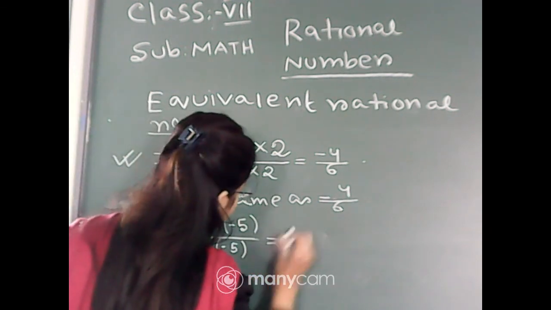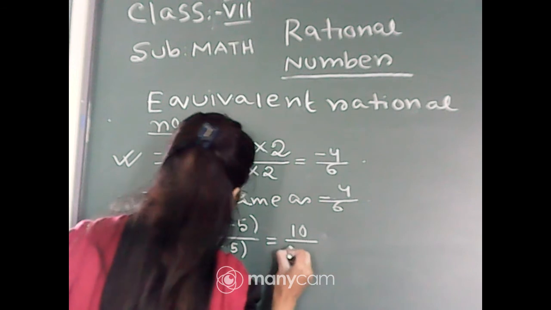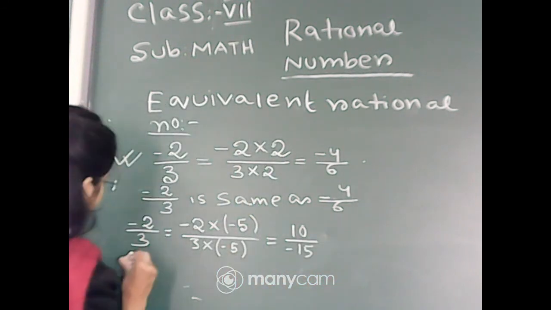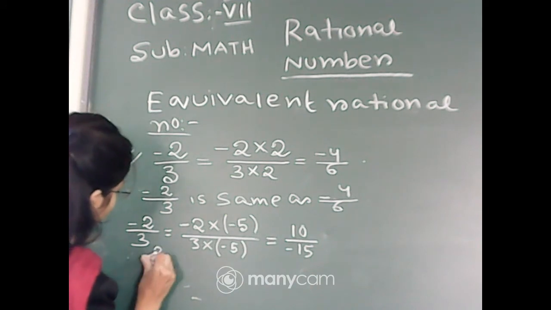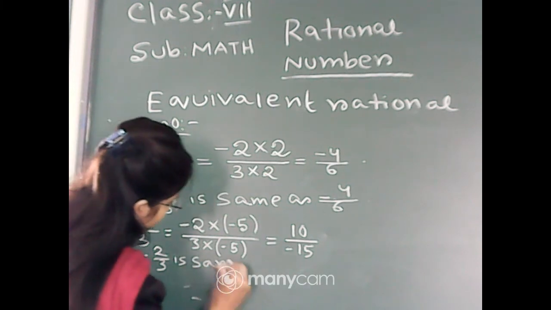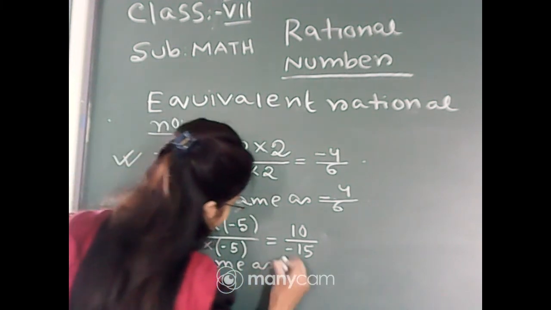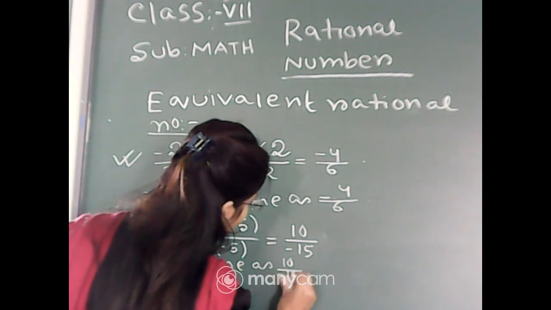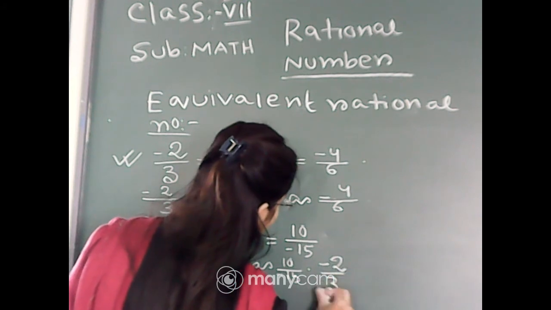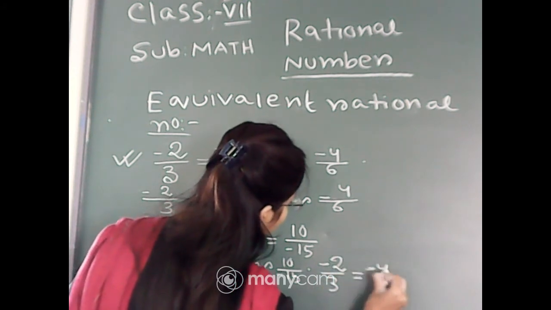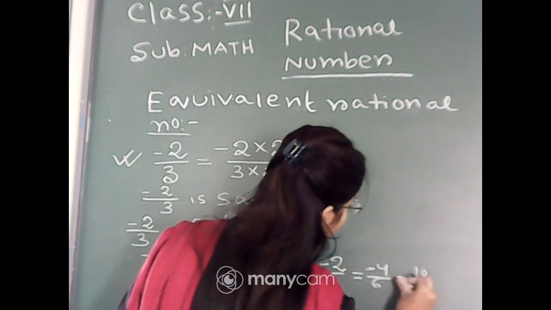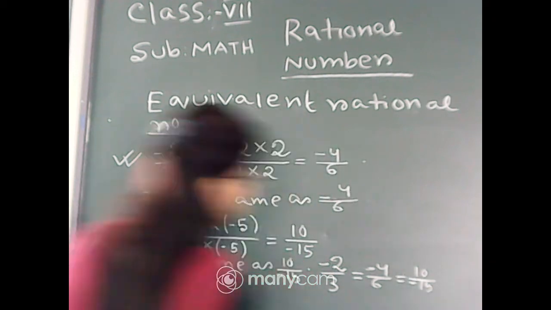And we get 10 divided by minus 15. Thus, minus 2 by 3 is equal to minus 4 divided by 6 is equal to 10 divided by minus 15, isn't it?